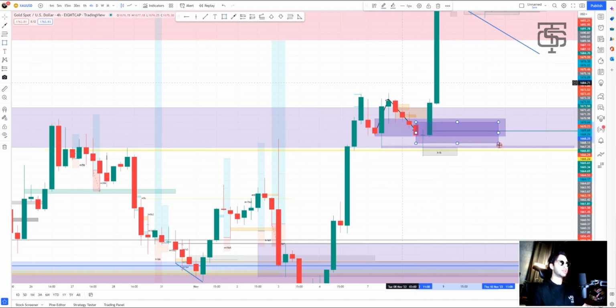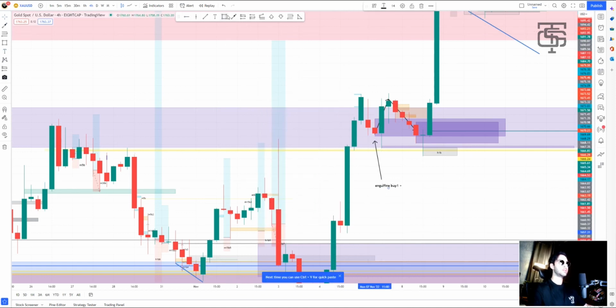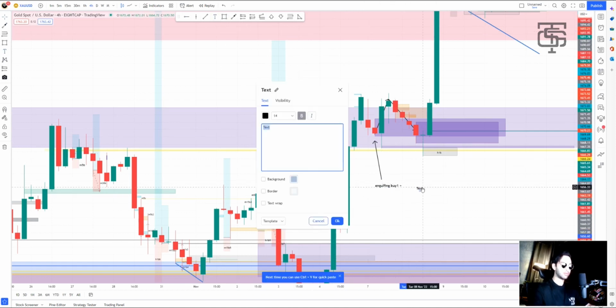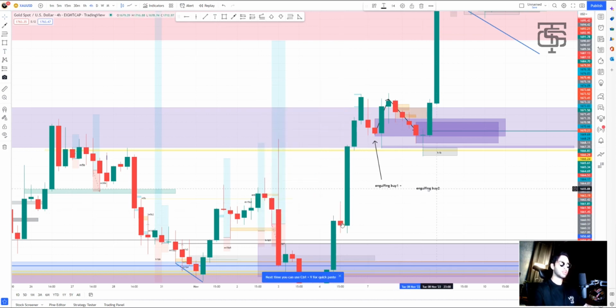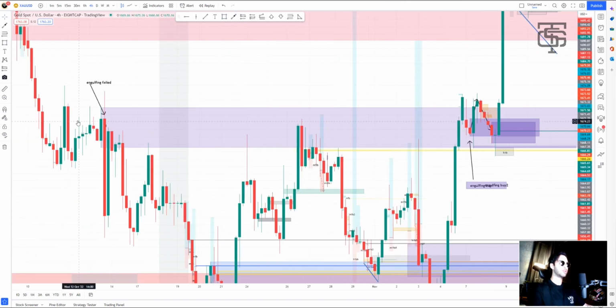This is another engulfing buy. So this is our first engulfing buy. I'm going to mark this as engulfing buy 1. And then what we have is a combination of engulfing buy 1 with engulfing buy 2. So when we have engulfing buy 1 with engulfing buy 2 over here, being supported with the H4 engulfing fail over here, we have a complete buy setup.